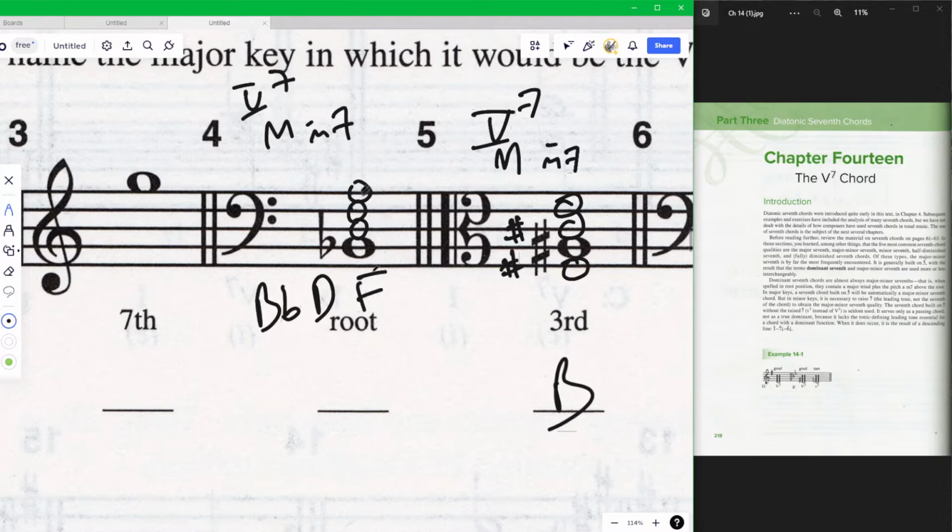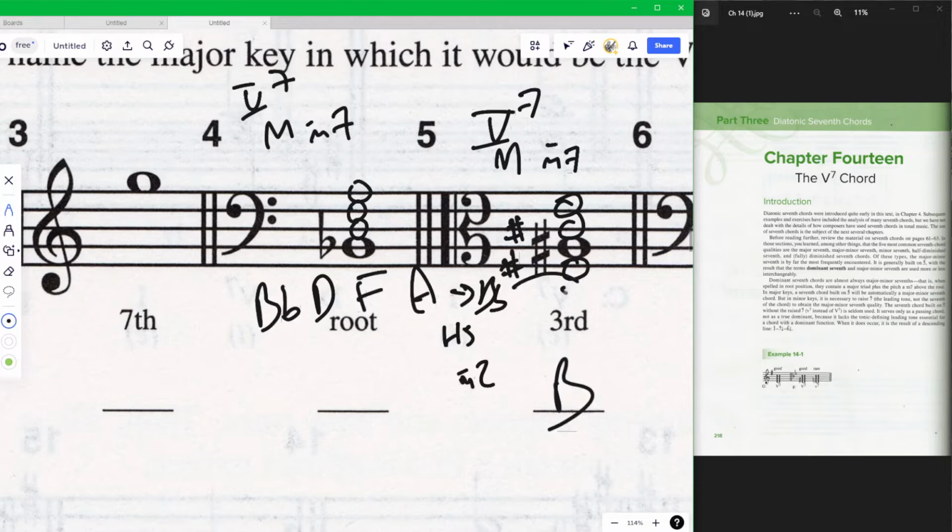Alright, so now what about the 7th there? A. Is that a major 7th, a minor 7th? Are we going to need an accidental on that? We don't need accidentals on D and F, obviously. So, A to B flat is a half step, isn't it? A half step, which is a minor 2nd.